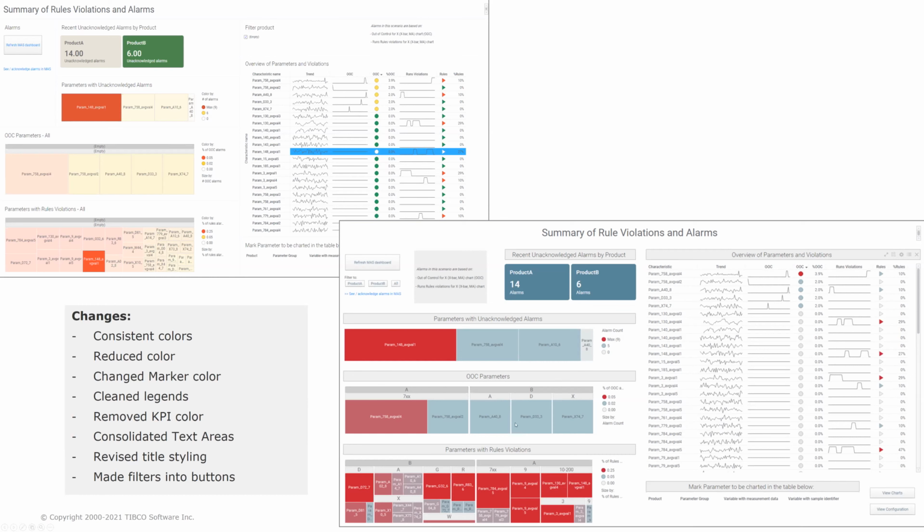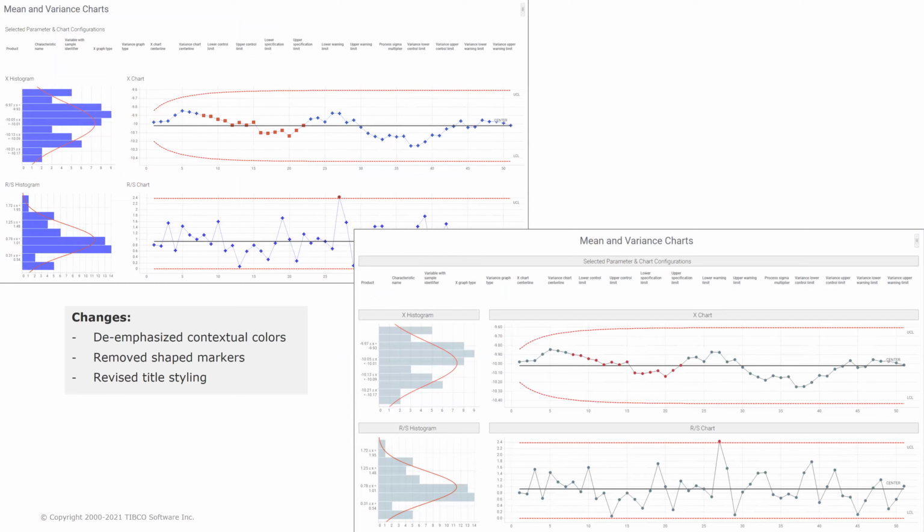I standardized all the gradient of colors there. I took out the weird marking value there. I consolidated the text areas into one area here, things like that. And instead of having just this filter with this checkbox, I made the filter into buttons using bookmarks and action controls.